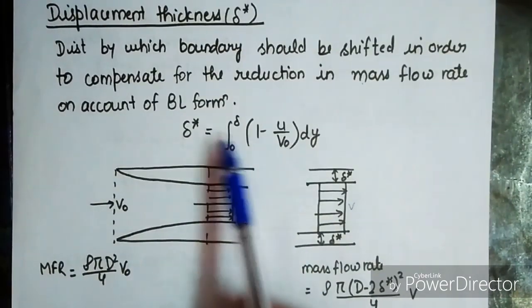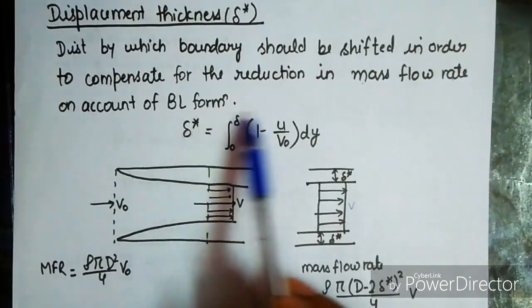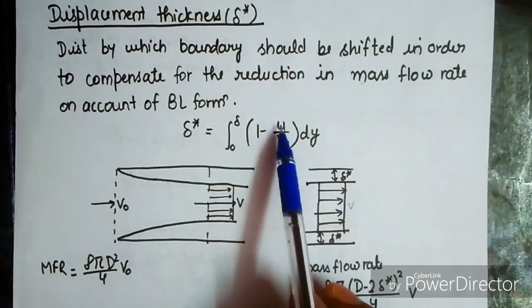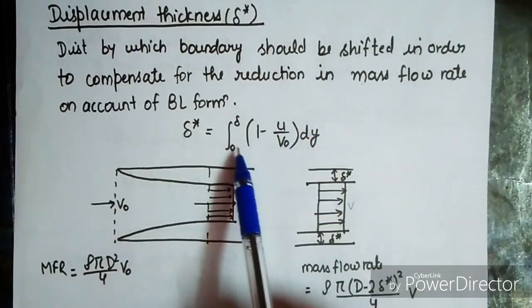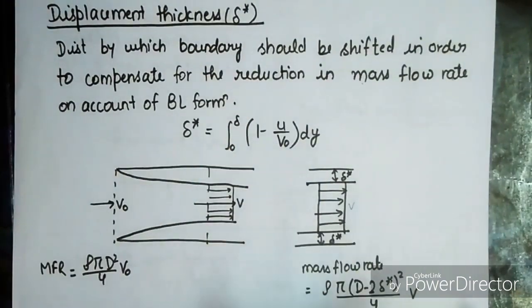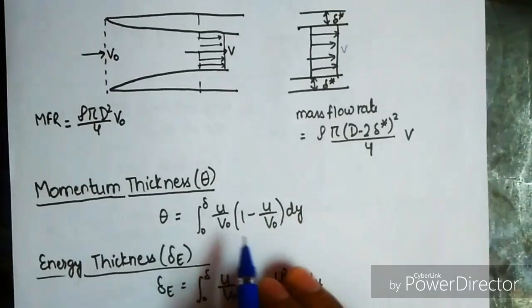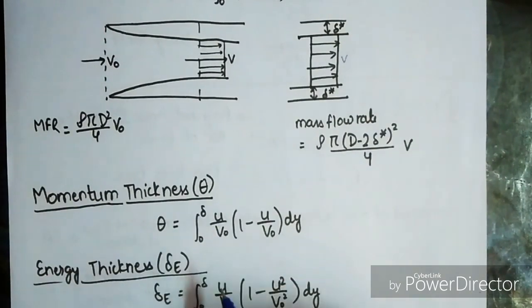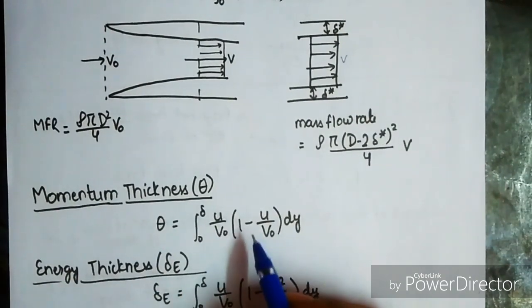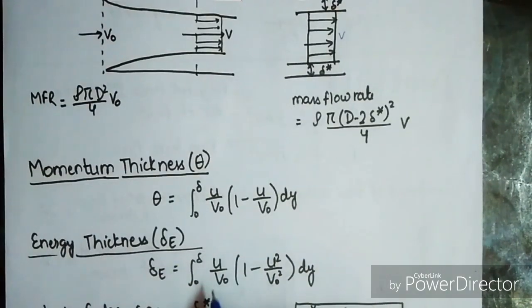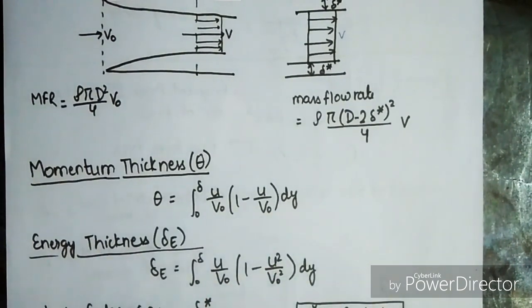The displacement thickness formula is delta star equals integration of 1 minus u upon v naught dy from 0 to delta. Momentum thickness is theta. Theta equals integration from 0 to delta of u upon v naught times 1 minus u upon v naught into dy. Energy thickness is integration from 0 to delta of u upon v naught times 1 minus u square upon v naught square into dy.